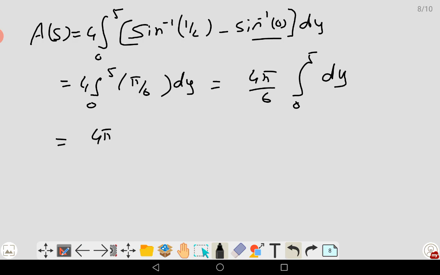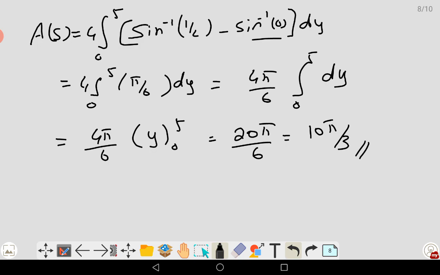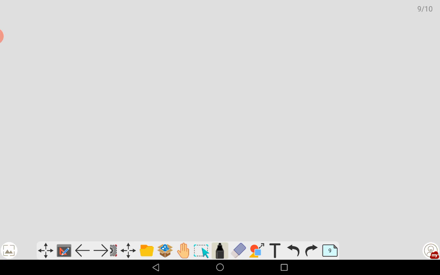So it will be 4 pi over 6 times y from 0 to 5, which will be 5. So 4 into 5, 20 pi over 6, which is 10 pi over 3, will be the end of that problem. And we have one more problem to be solved, which is at the end of the page.